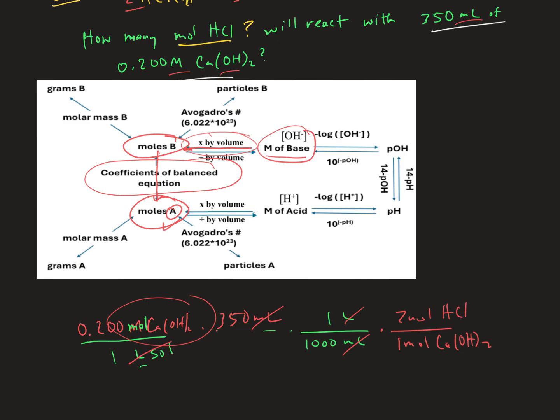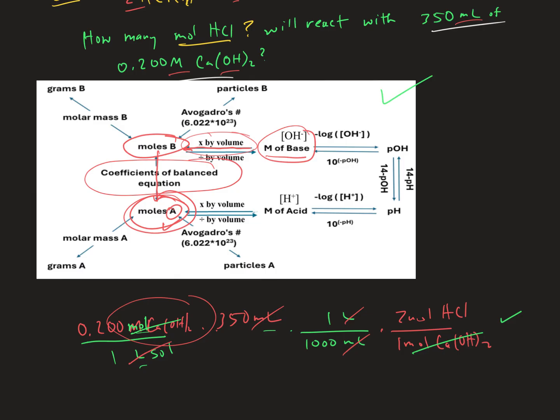And we're looking for moles of HCl. Everything else cancels out. We're done with our dimensional analysis, now we've got to multiply and divide. Was that helpful? Do you understand how to use that?